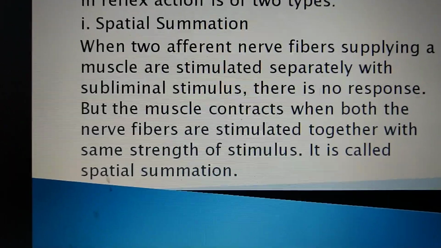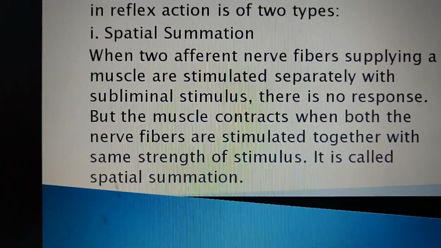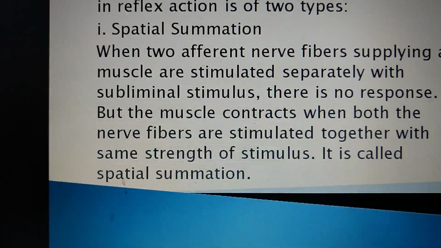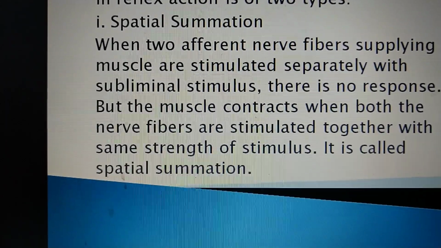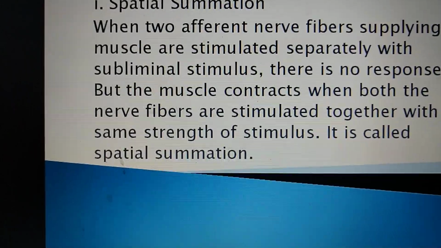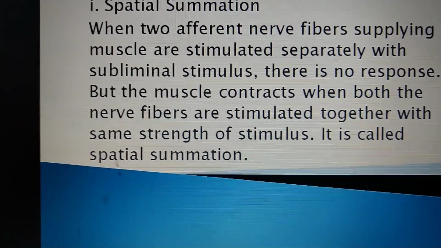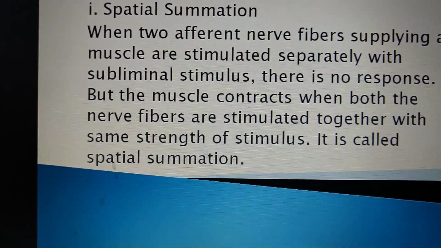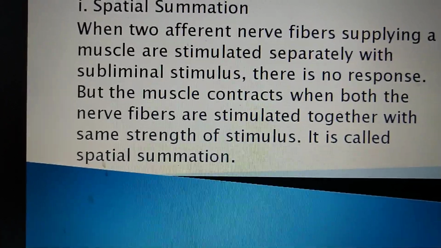So when two nerves are supplying a muscle, when you stimulate them separately, they don't show any reflex. But when you stimulate them simultaneously, they will show a reflex. That is known as spatial summation.